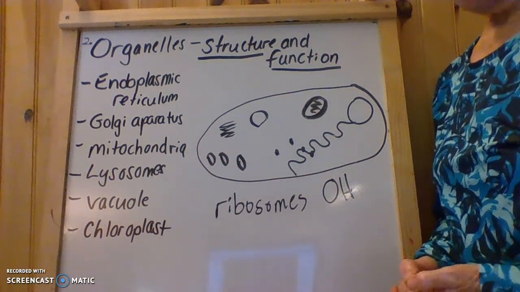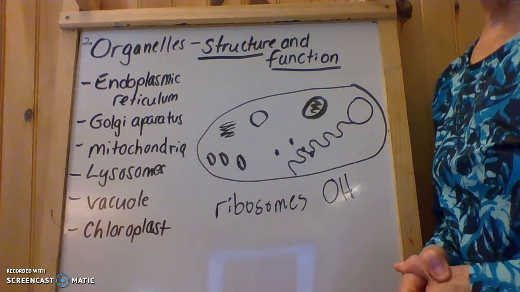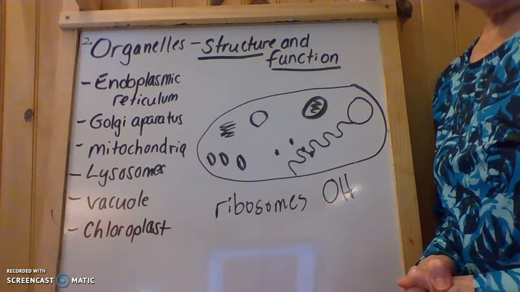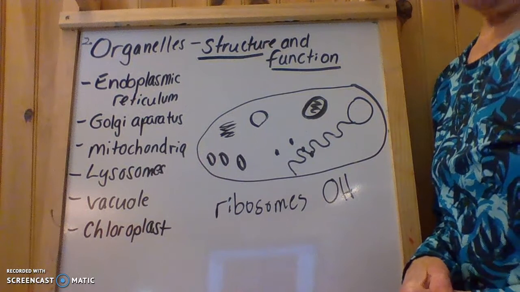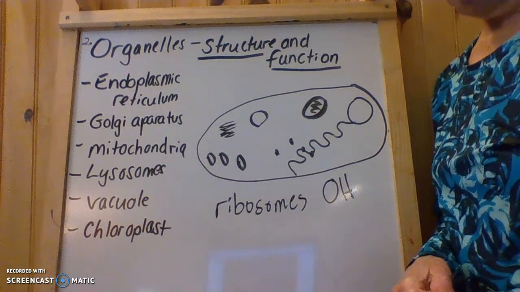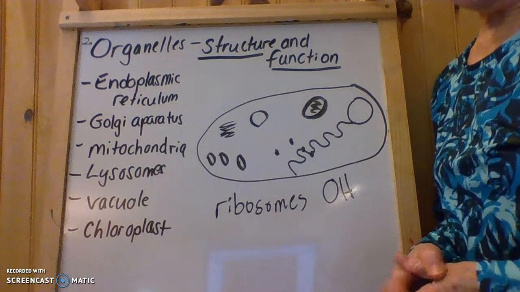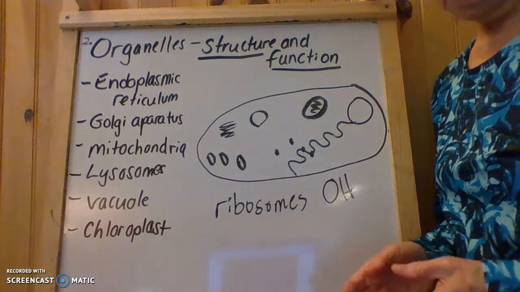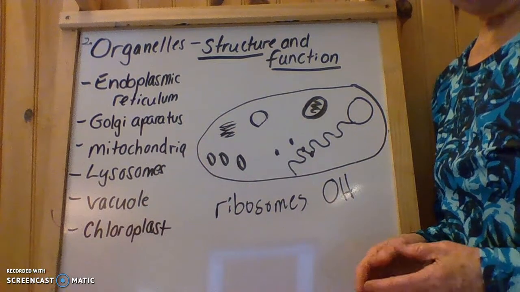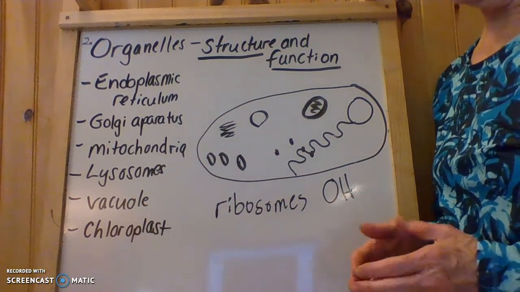So that double outer membrane is where our photosystem 2 will occur, or the beginning parts of photosynthesis. And so it is very important, because without a chloroplast, or if something happens to the cell and the chloroplasts break down, then the cell cannot go through photosynthesis and the cell is going to die.